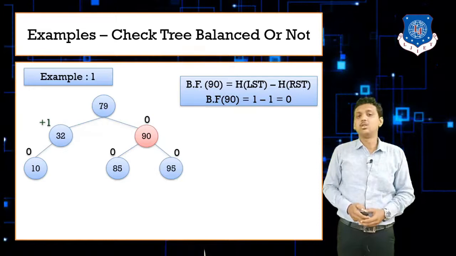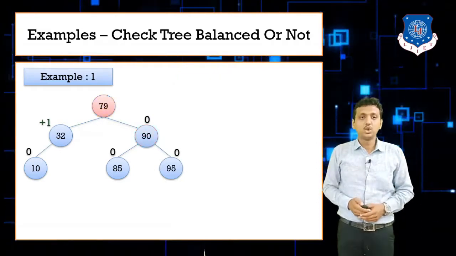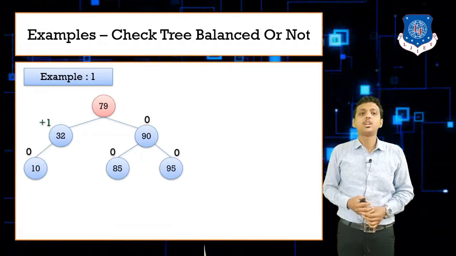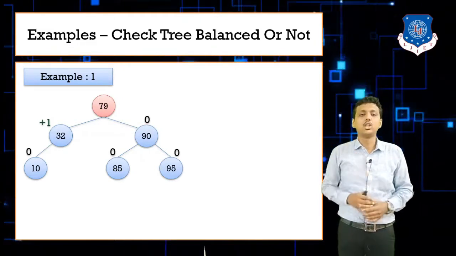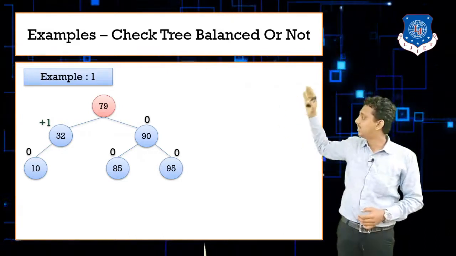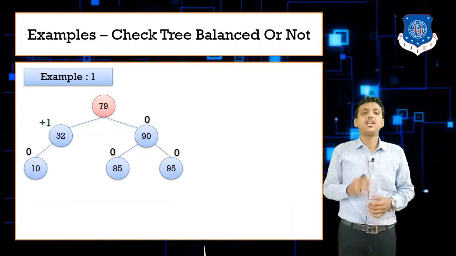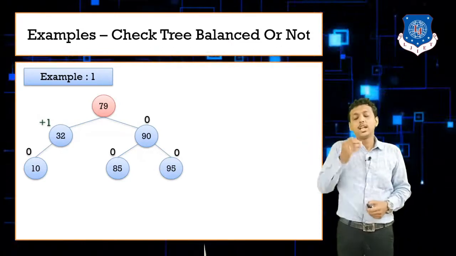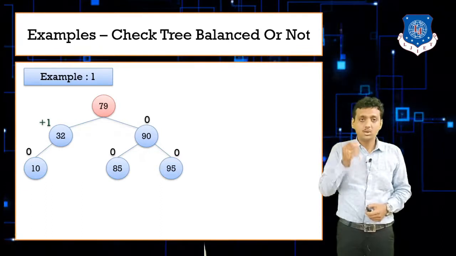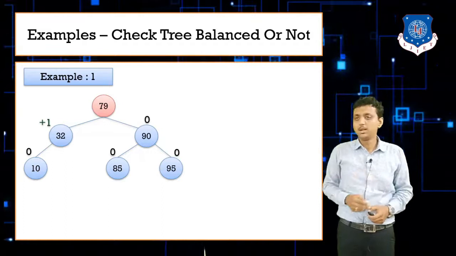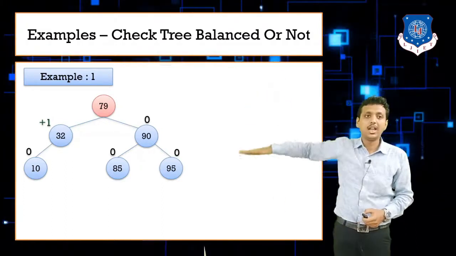Fine. Now our last node, the root node. Tell me students, what is the height of the LST for the root node? The left subtree height for node 79 is 2, because there are two levels, 32 and 10.